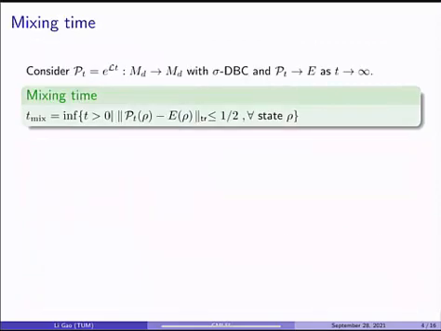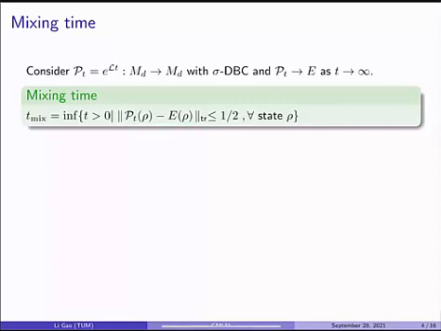In terms of characterizing how fast the convergence happens, a common quantity to study is the mixing time. Let's consider we have a semigroup on the d by d matrix algebra with the detailed balance condition. Then the mixing time is the smallest time t such that for every initial state, the semigroup at time t sends it close enough to its equilibrium state, or its invariant state.